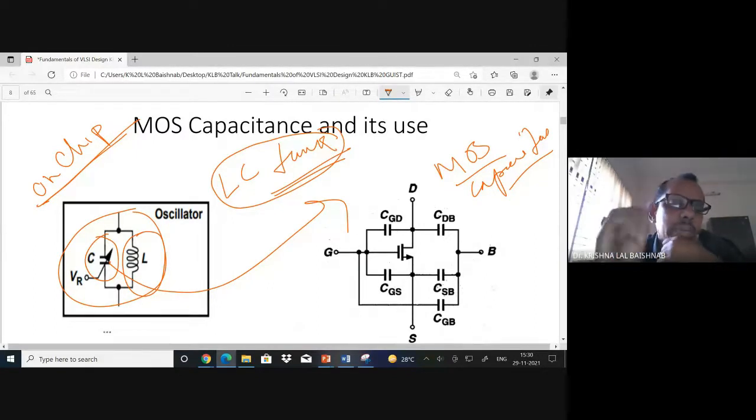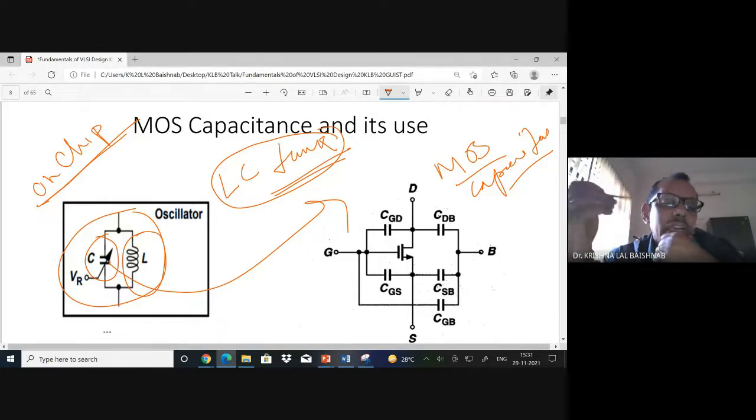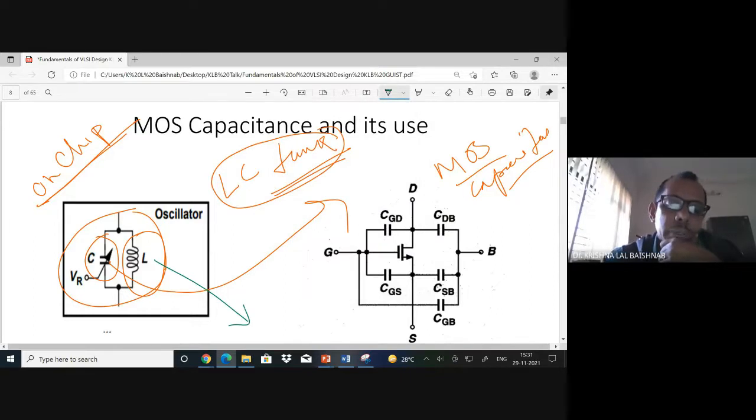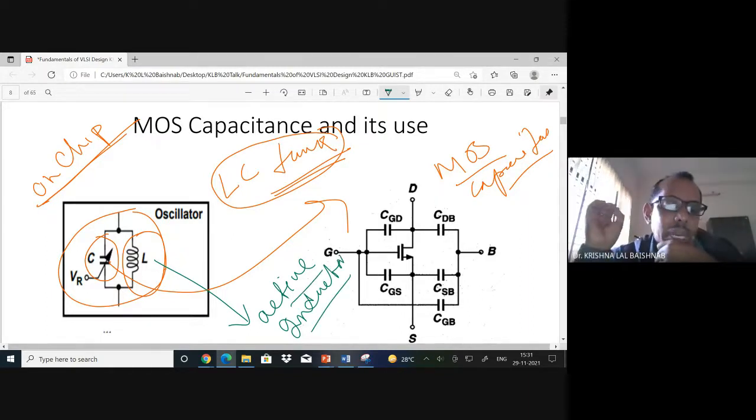There are other chapters and other books where you will find inductor design using active OTA. I'm just giving the name; those interested can work with the active inductor. So we replace the passive inductor.